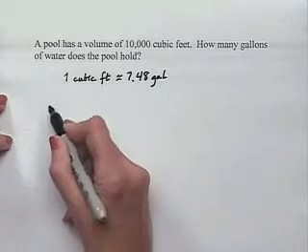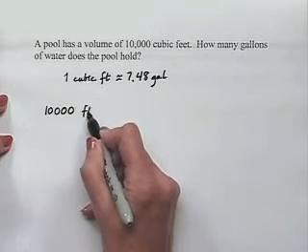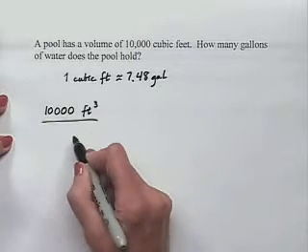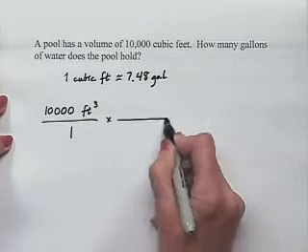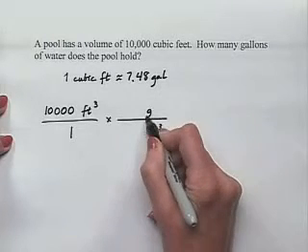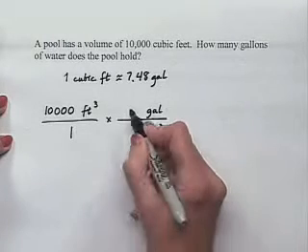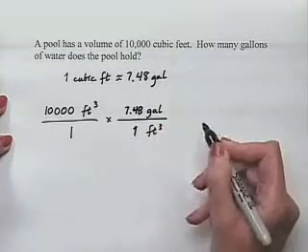Now we're going to start with our 10,000 cubic feet, use an abbreviation there, divided by 1. We're going to multiply that times a conversion where we're going to have our cubic feet in the denominator, our gallons in the numerator. That's going to give us 7.48 gallons for 1 cubic foot.